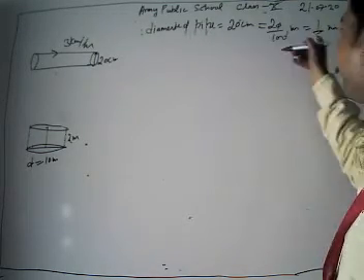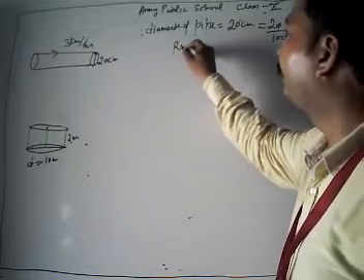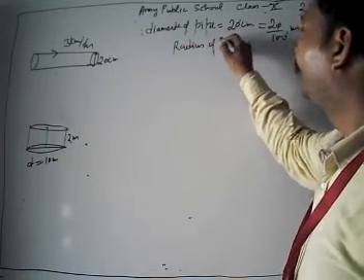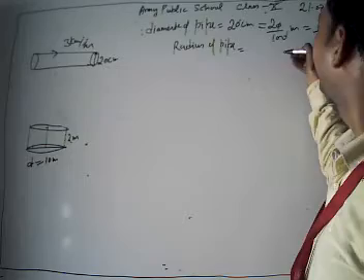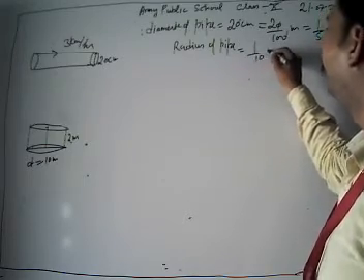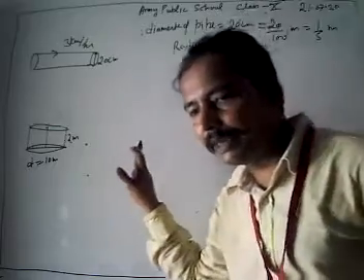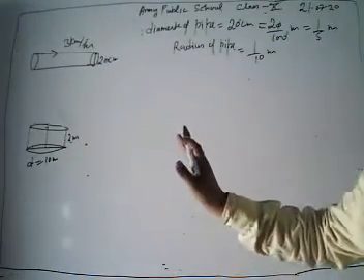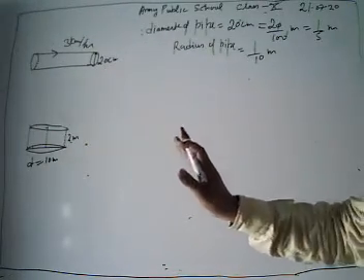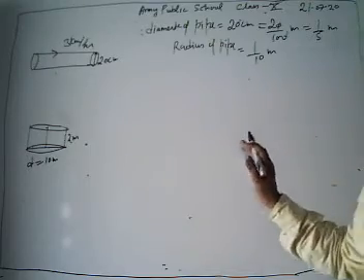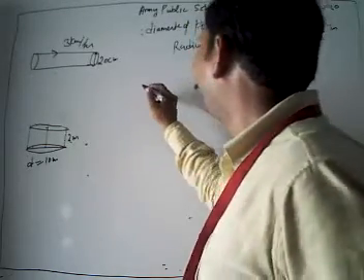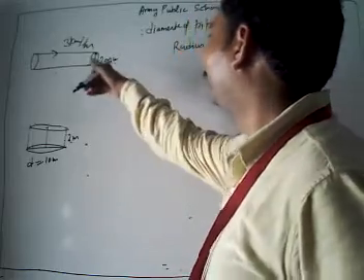If the diameter of the pipe is 1 by 5 meter, then the radius of the pipe is half of this, which means 1 upon 10 meter. Now we have the radius, 1 by 10. Now we are going to find out. Look, its speed is given there.